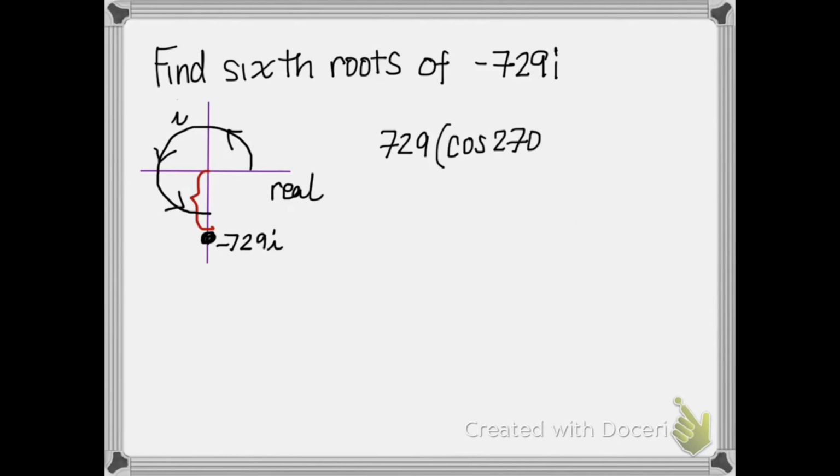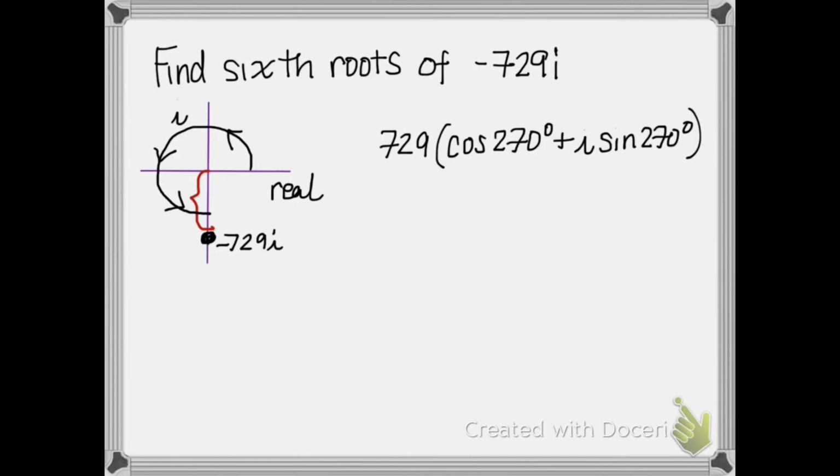This is the trigonometric form of negative 729i, and I'm warning you that the error that students make is they somehow want to work the negative in here, but there is no negative here. This is an absolute value. It is just the 729.